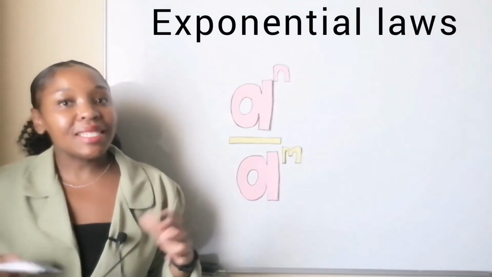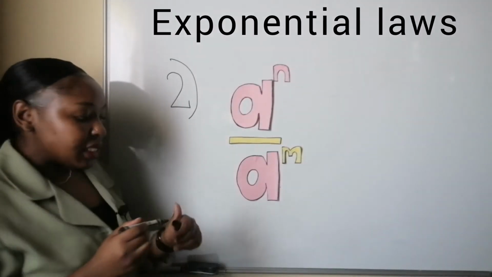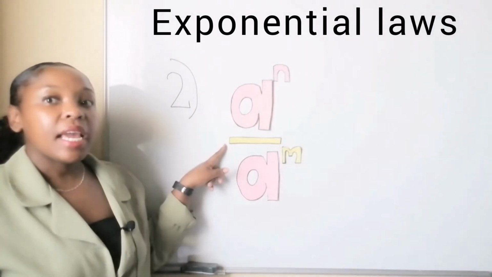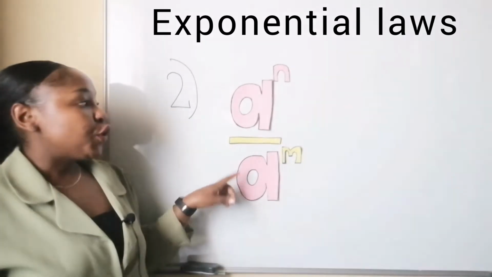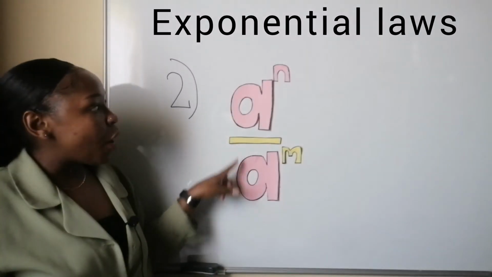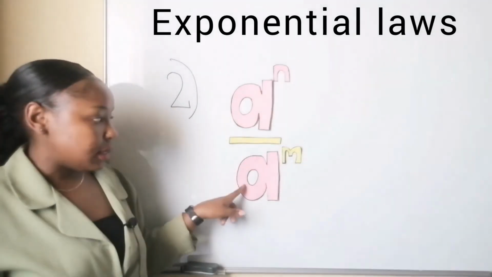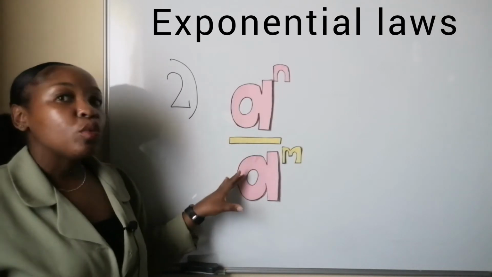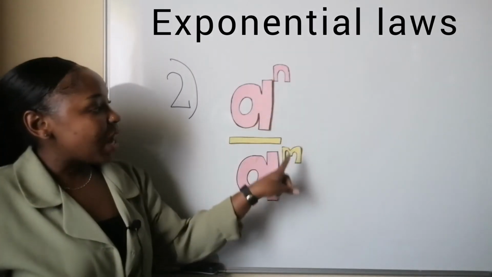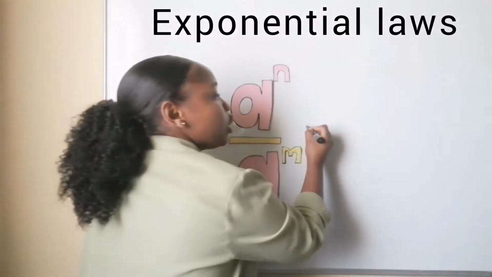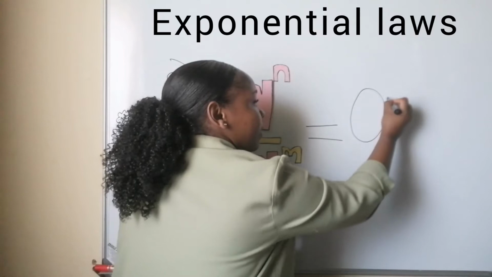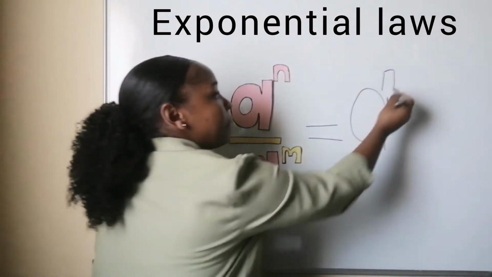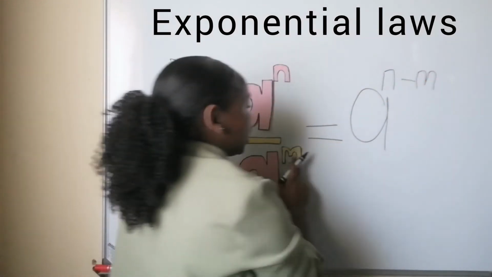With the second exponential law, what can we see here? We see that we are dividing and not multiplying. So if you are dividing 2 powers that have the same base, which is a, then you subtract your exponents. You take the n that's at the top and minus the denominator exponent.